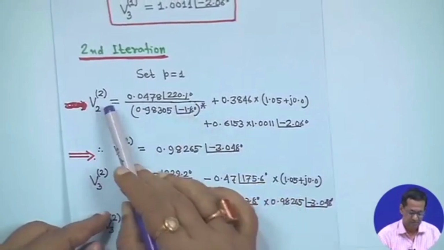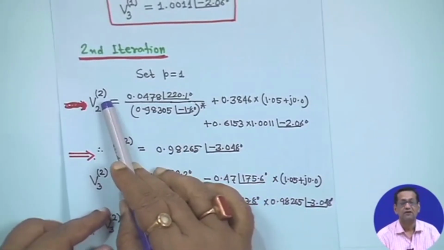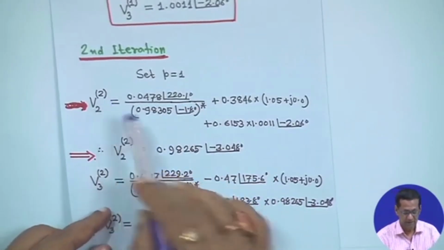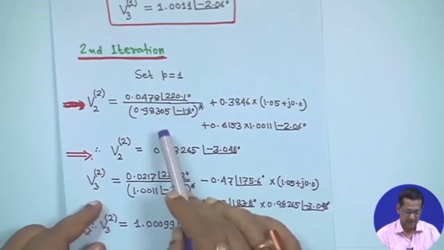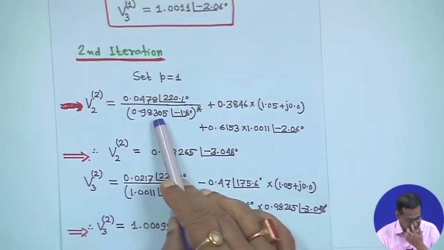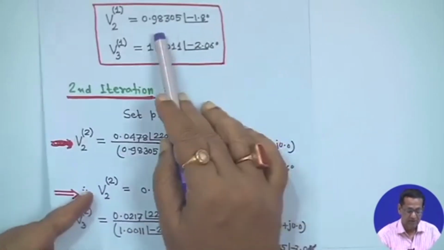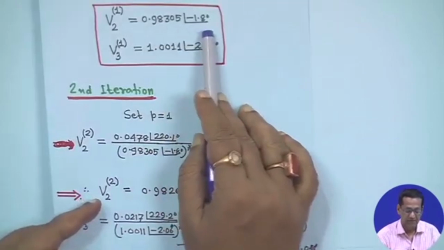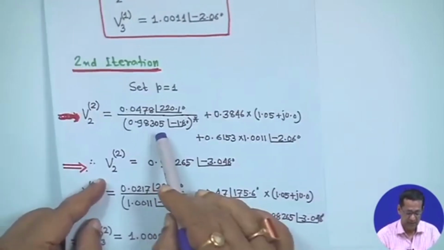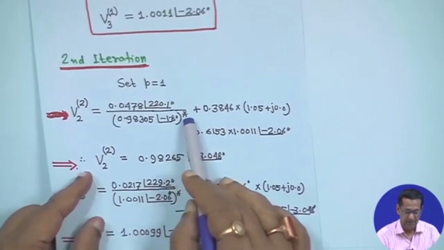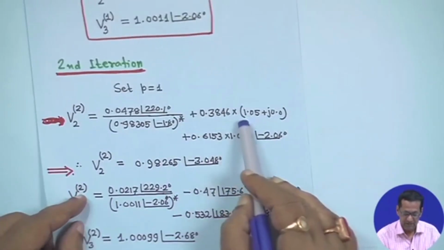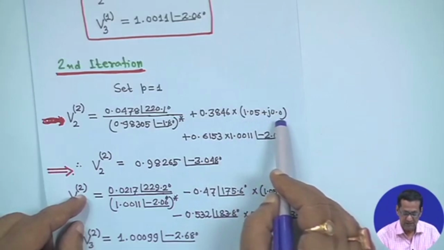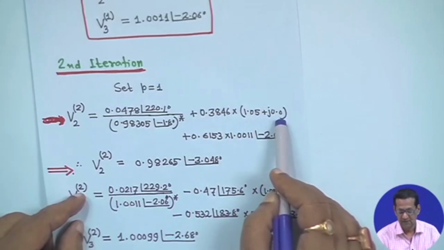So, V2 in the second iteration, V2 2, when P is equal to 1, it will become 0.478 angle 220.1, that is fixed, divided by the first iteration value you have got for V2, that is 0.98305 angle minus 1.8 degree. So, 0.98305 angle minus 1.8 degree conjugate, right, plus 0.3846 into 1.05 plus J 0.0.